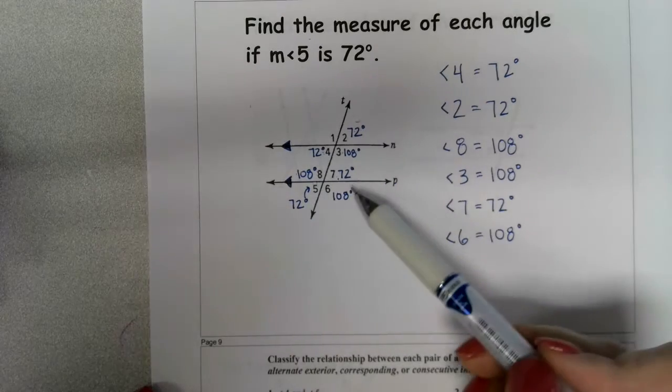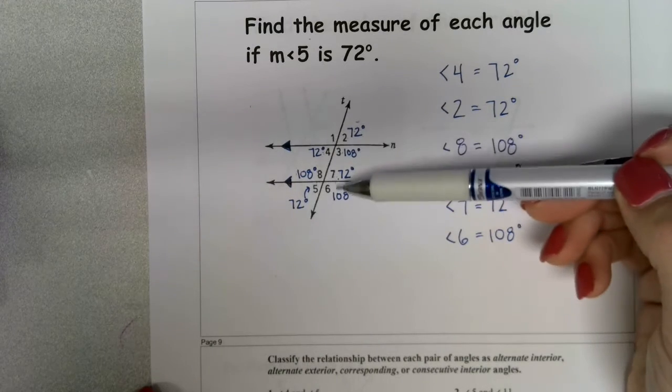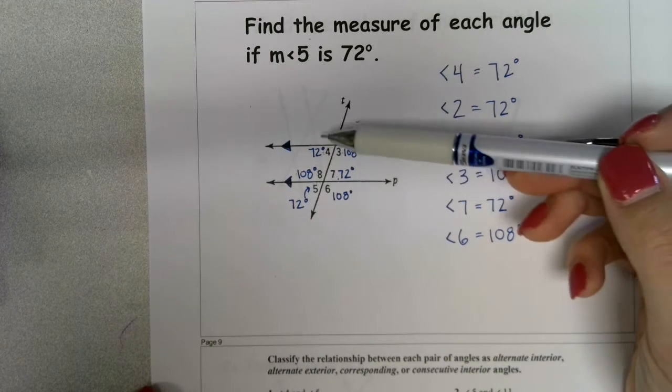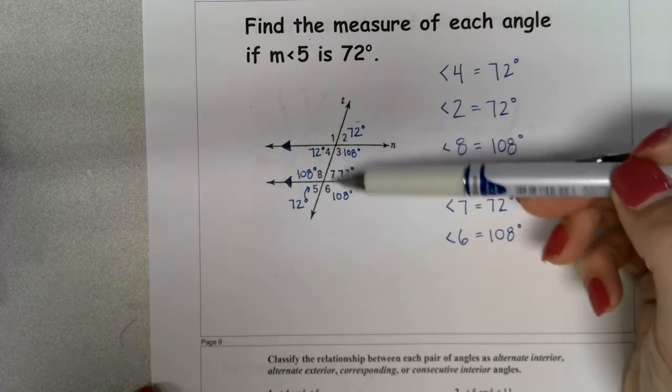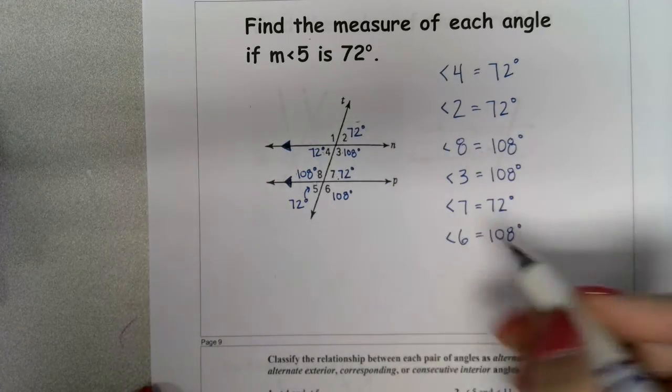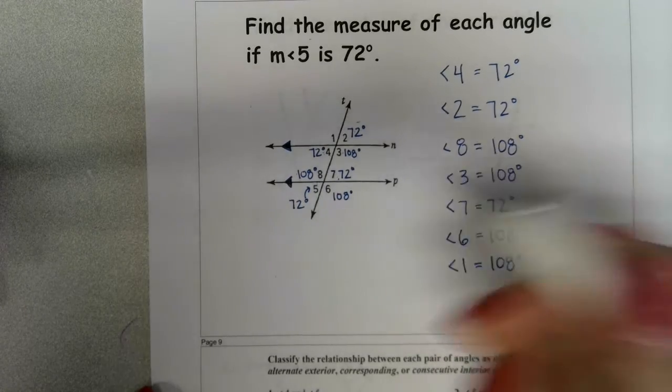And if I use this 108, this is an exterior angle. I can use my alternate exterior angle theorem and prove that 6 and 1 are the same because of alternate exterior angles. So angle 1 is also going to be 108 degrees.